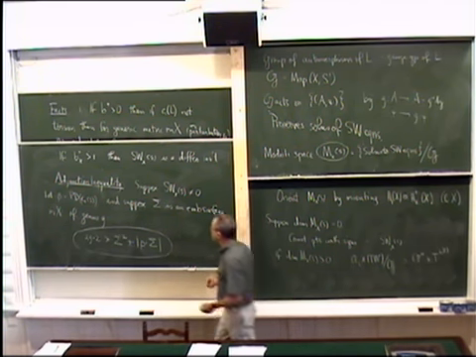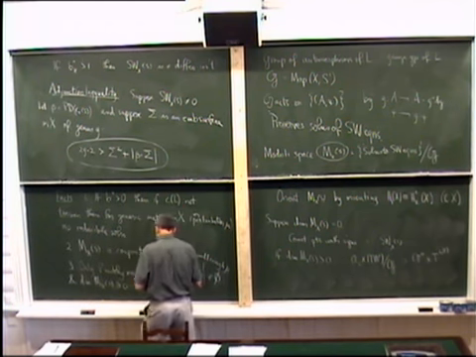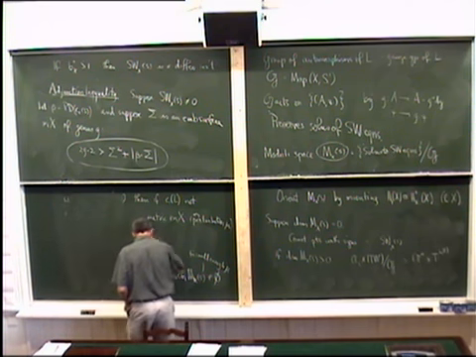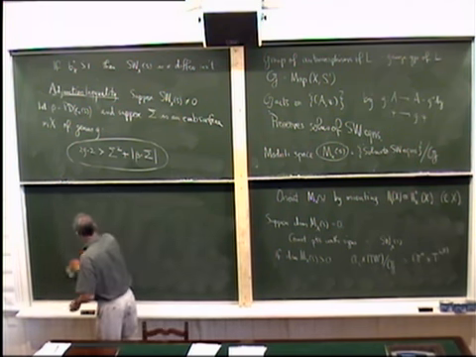So let me give you some examples of manifolds that have non-trivial Seiberg-Witten invariants.